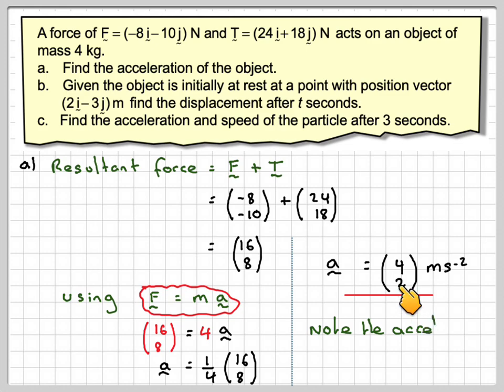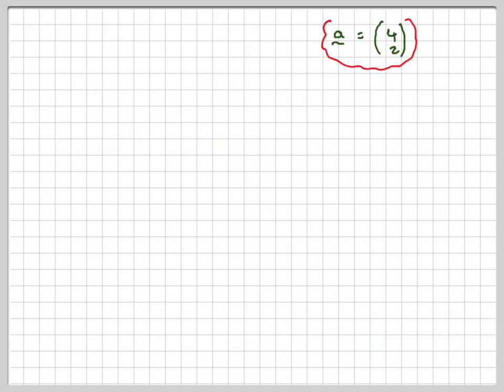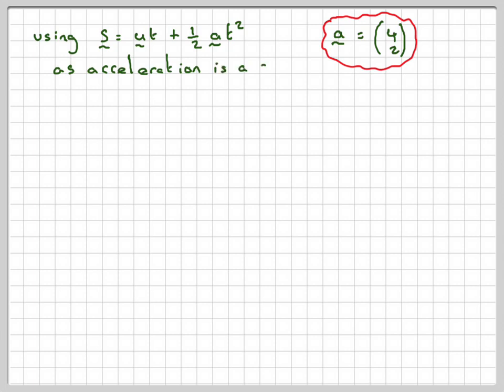Right, notice there's no t in this, so therefore it is a constant. If it is a constant, we can use SUVAT equations. So if we now use s, the displacement, equal to ut + ½at², then as acceleration is a constant, we can use it.